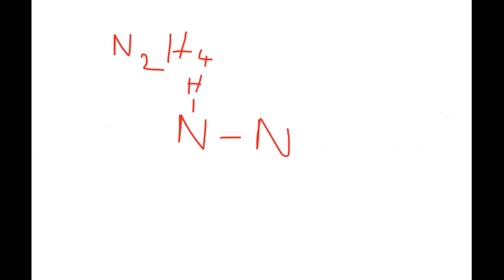Next example will be N2H4. So nitrogens are the central atoms, and then there are 4 hydrogens. So we'll take any one of the central atoms and taking the first nitrogen. For the first nitrogen, nitrogen has 5 electrons in its outermost shell. So 1, 2, 3, 4, 5.